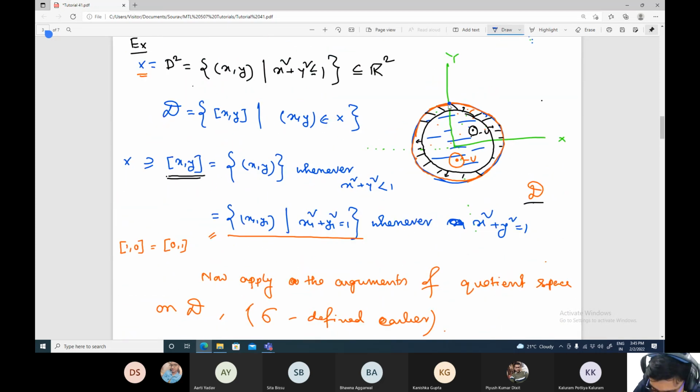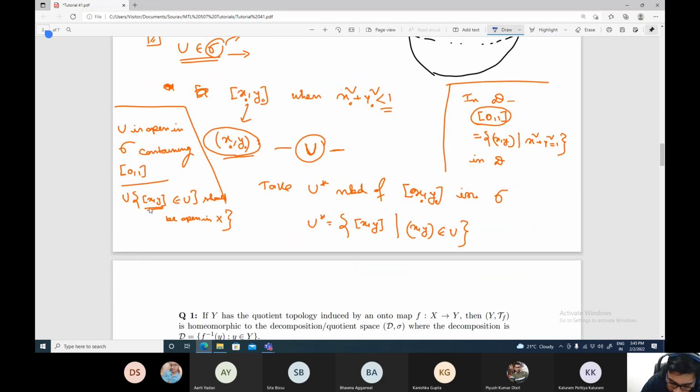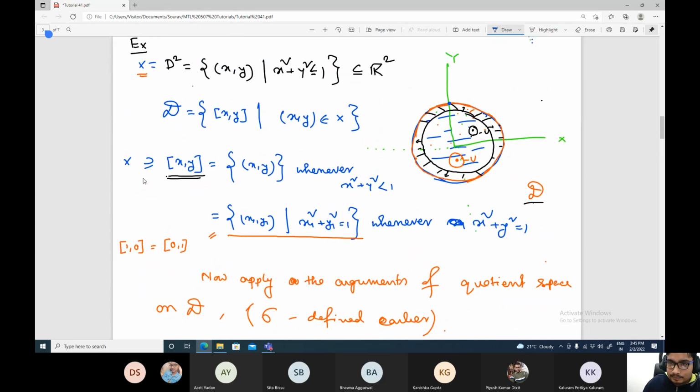Now we are taking this collection, these classes, such that this entire union should be open, and this union should contain this (0, 1). Means whatever open set we take, this open set should contain the class, means this circle, this boundary circle in the disk, right?